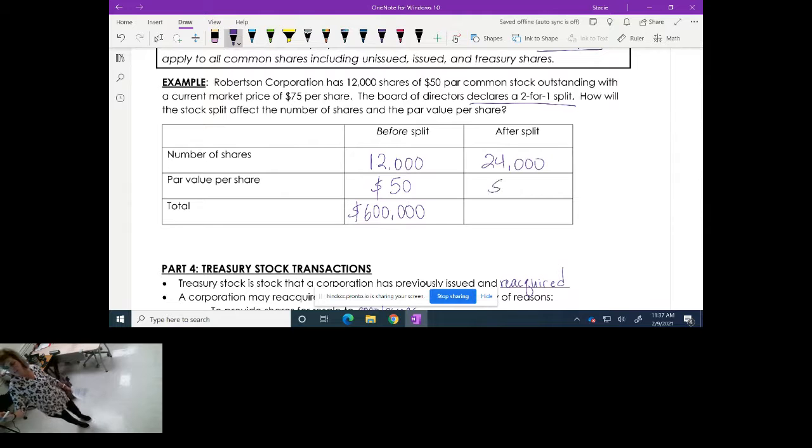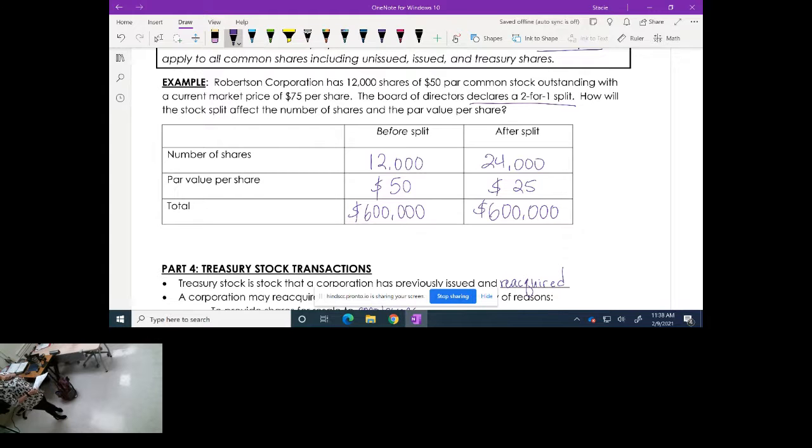So see, nothing changed except for them just giving out more shares. So they're making one share be 2 now. So you have to split the par in half as well. Because you're still going to have 600,000 total. Because no money has come in or out, and you haven't issued any shares, you've just split the ones that are there.